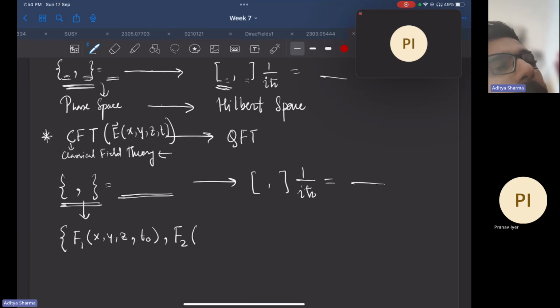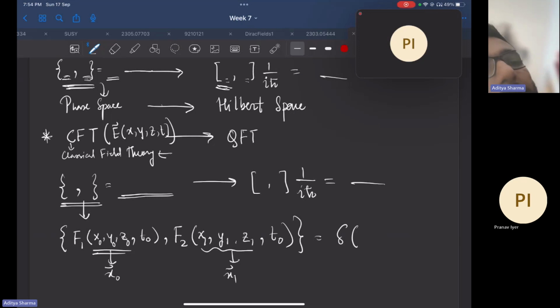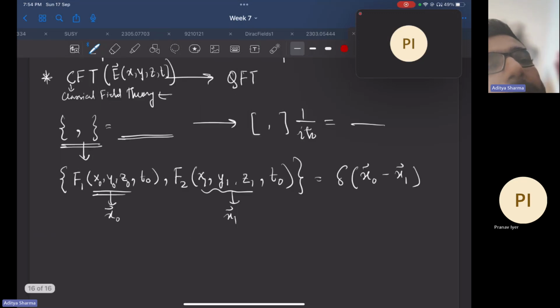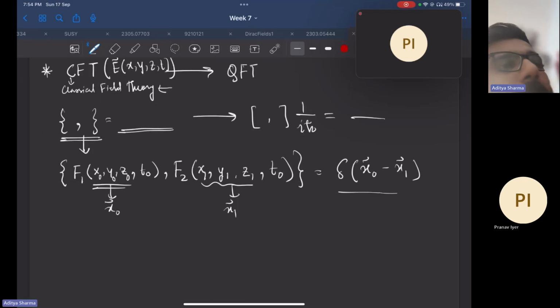You have a field F2, which is a function of x1, y1, z1 at t naught. It is at the same time. Suppose this gives you a Dirac delta of x naught vector minus x1 vector. That means there are three Dirac deltas here.